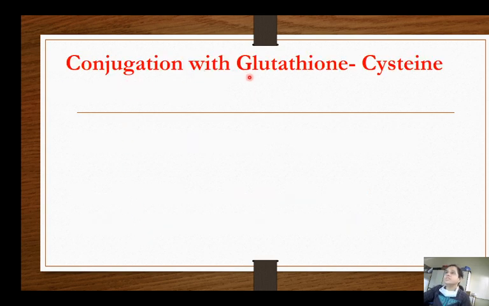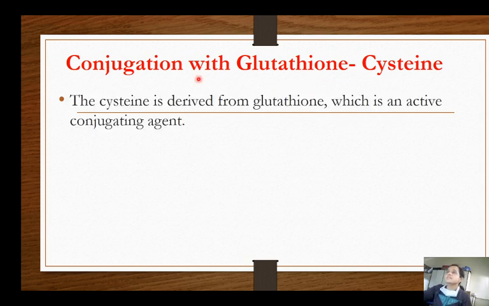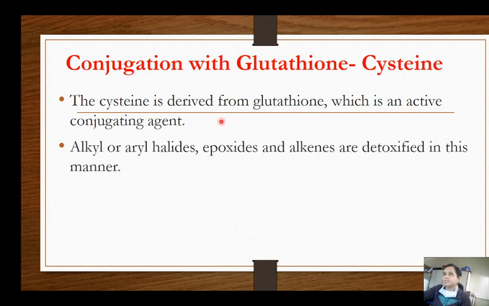Next, conjugation with glutathione. In glutathione, cysteine is the one that conjugates with the xenobiotics, but it enters into the reaction as glutathione. So cysteine is derived from glutathione, which is an active conjugating agent.